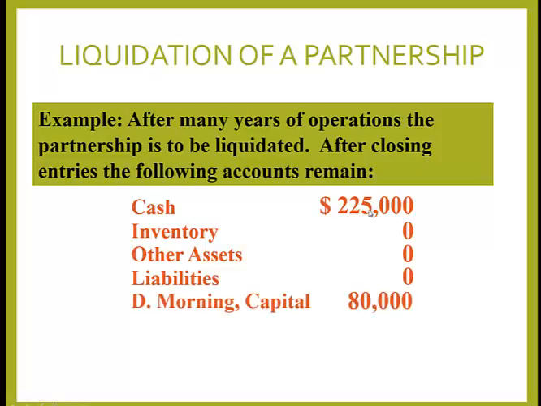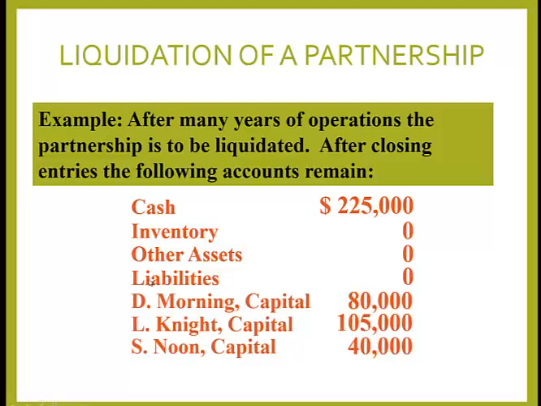It was decreased by $80,000. The liability account is now zero. So all we have left is the one asset, cash, and then the partner capital accounts. So remember, we are going to now distribute the cash according to the partnership balances.